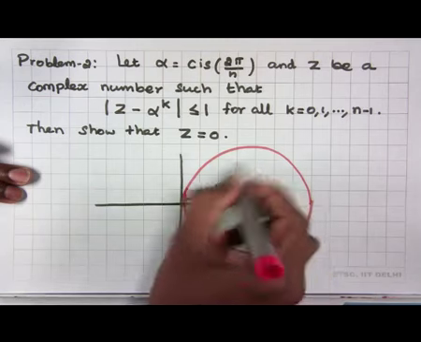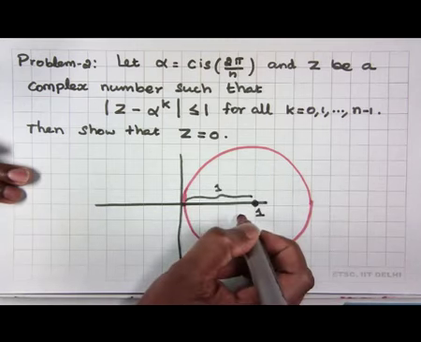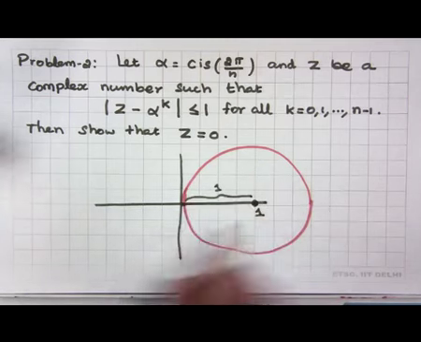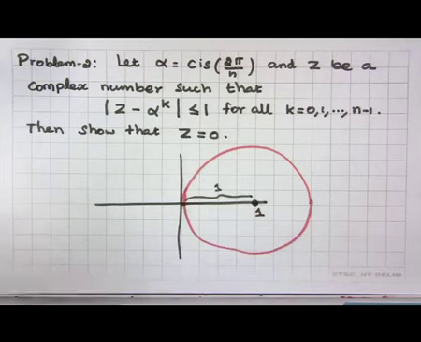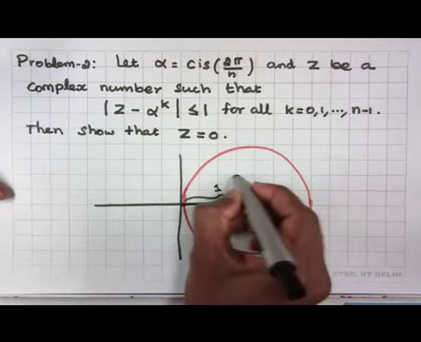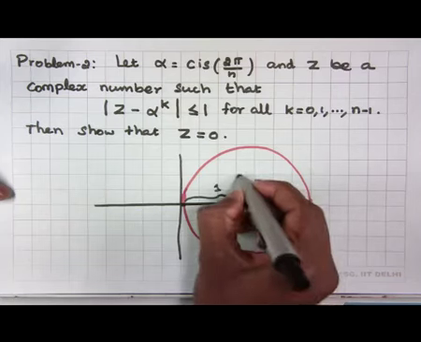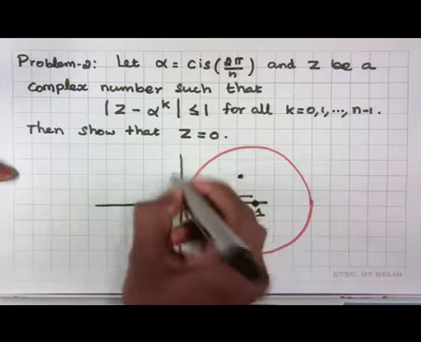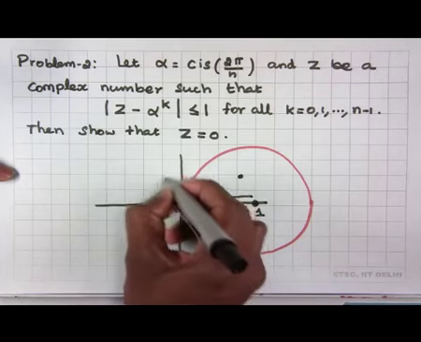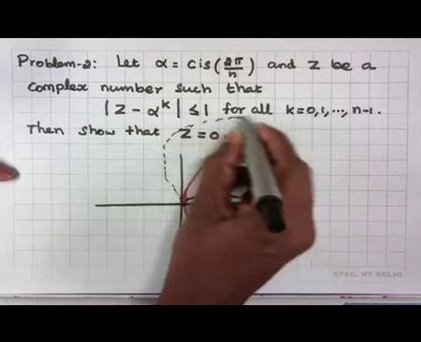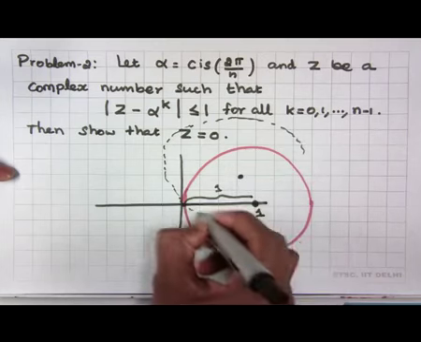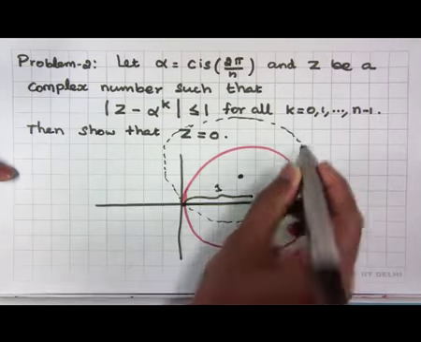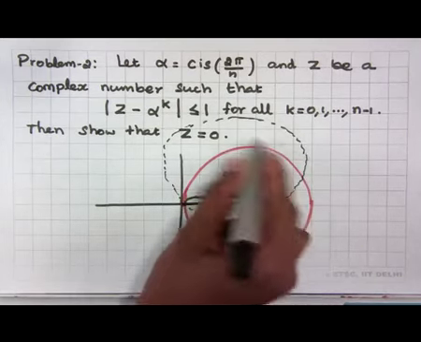Now, z is somewhere inside, and now take another, say alpha, which is in the nth root of unity. Now, you make another circle with the distance 1, again the z lies inside the circle.